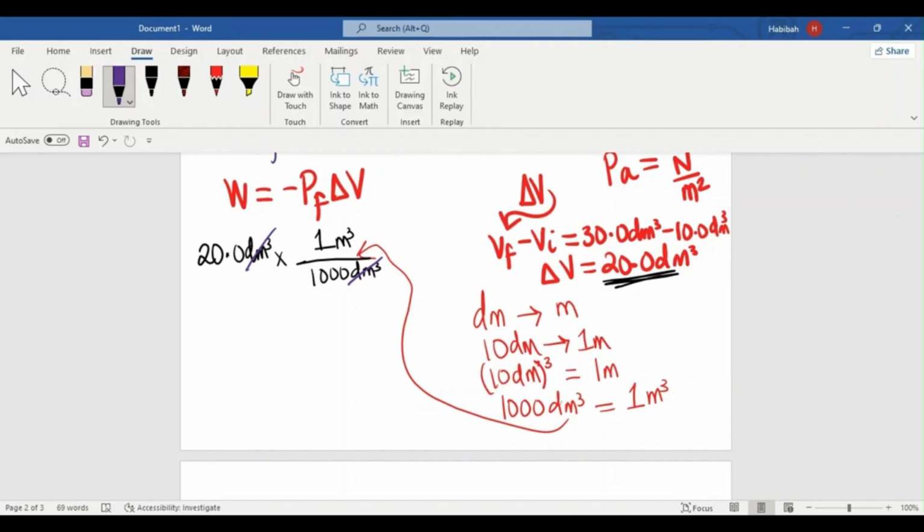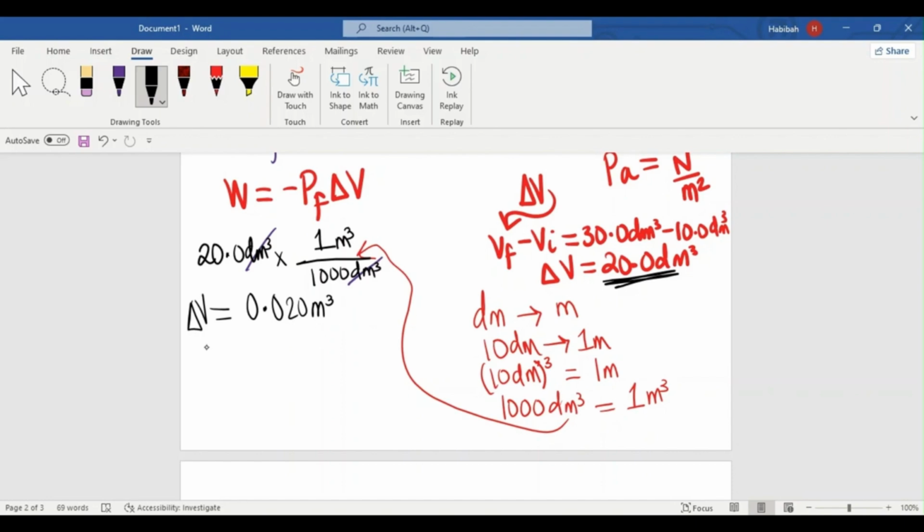That's 20 times 10 to the power negative 3, which means the change in volume in terms of meter cubed is 0.020 meter cubed. This is what we're actually going to input in this particular equation.